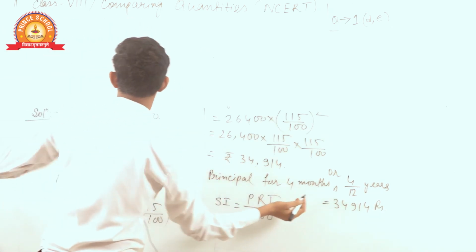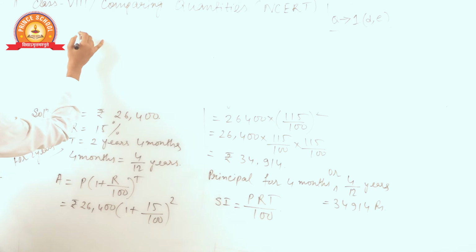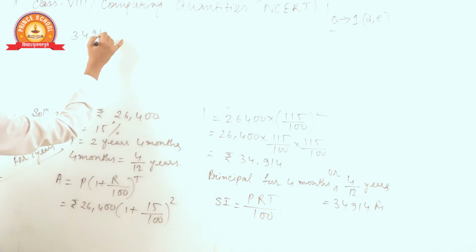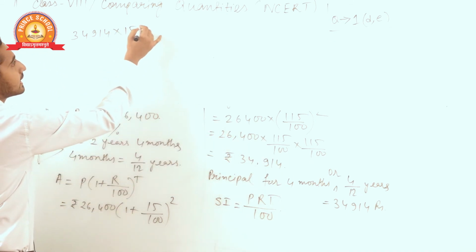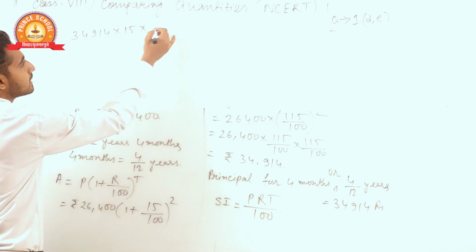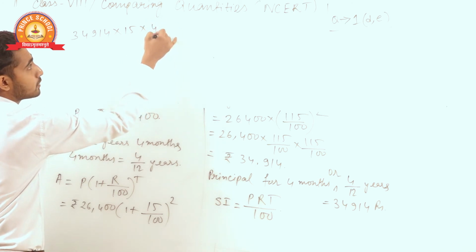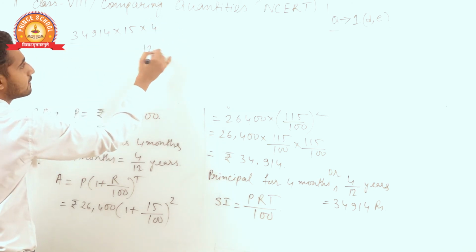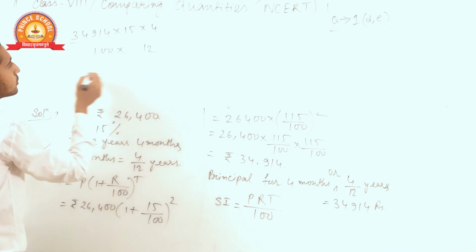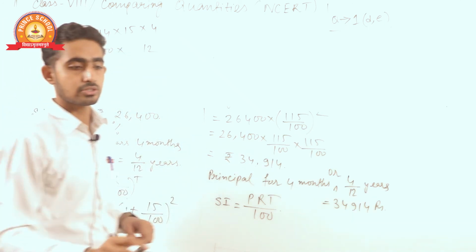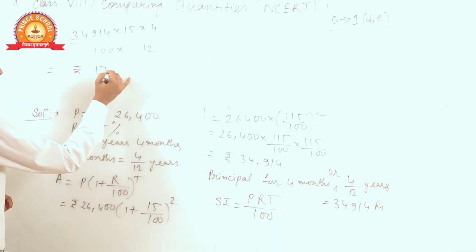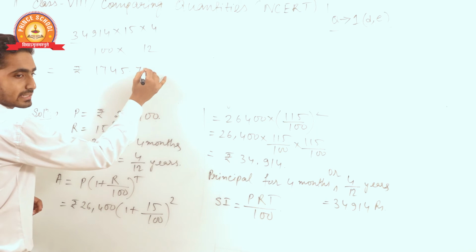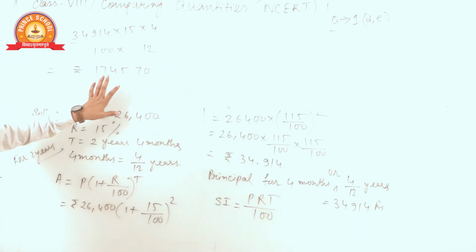So SI is equal to 34,914 multiply R, R is equal to 15, T is equal to 4 upon 12. I have written 12 below, 100 is already there. So when you solve this question, your answer is coming rupees 1745.70.